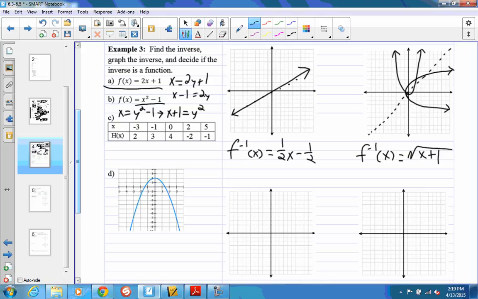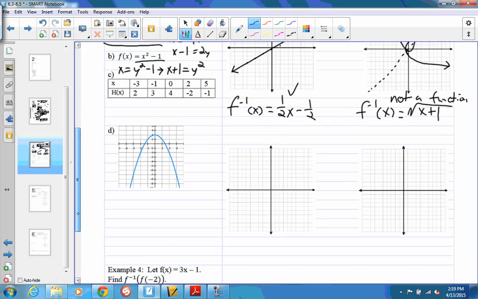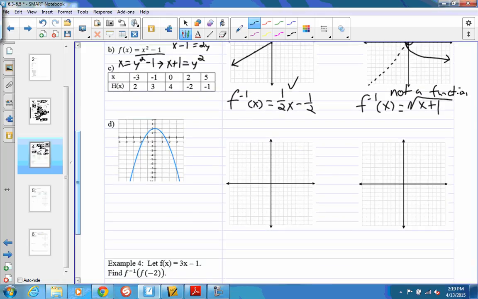Across the line y equals x. That's how we determine inverses, right? Does that pass a vertical line test? No. So this one was a function, yes. This guy, not a function. All right, C. Sorry. Here's C.